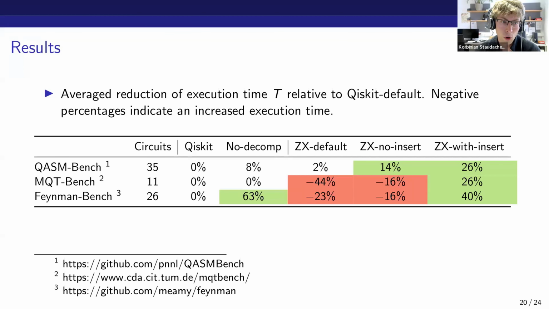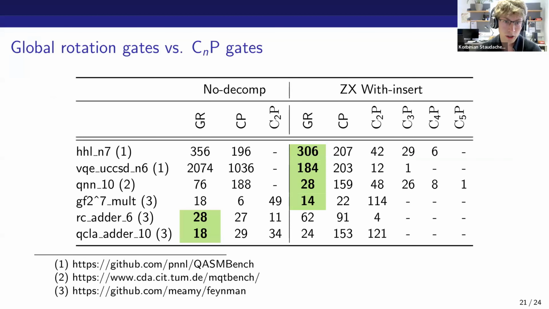And if we go more into detail on what our strategy really yielded for individual circuits, we have here this node decomposition strategy as one column, and in the other column, the ZX with insert, so the full algorithm. And we are comparing how many global rotations we get, how many controlled phase gates we get, and how many multi-controlled phase gates we get from the synthesis algorithm and the decomposition strategy.